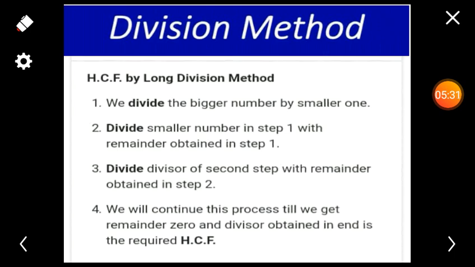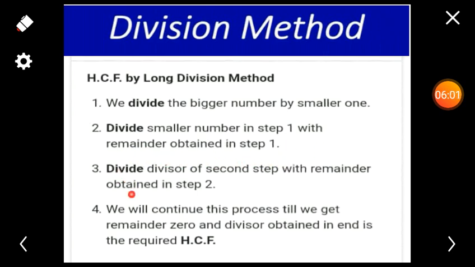Here I am solving the same problem using the division method, that is the third method. Before that, here are the steps of HCF by long division method. Look at the steps. First, we divide the bigger number by the smaller one. Next, divide the smaller number of step 1 by the remainder obtained in step 1.